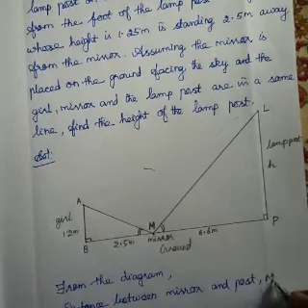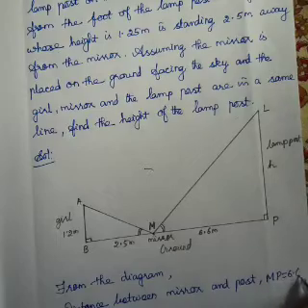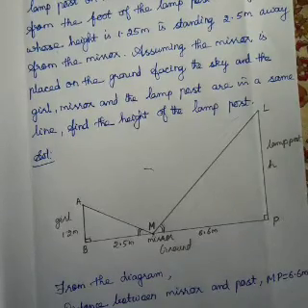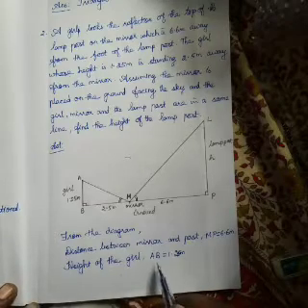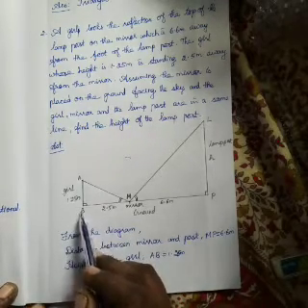Next, the height of the girl is AB, it is 1.25 meter.